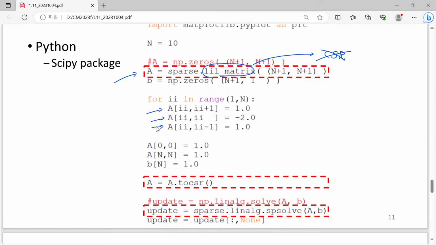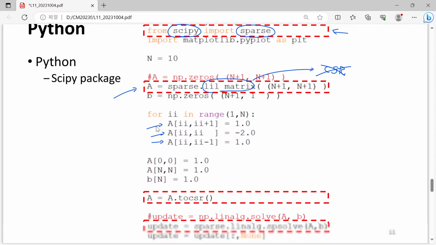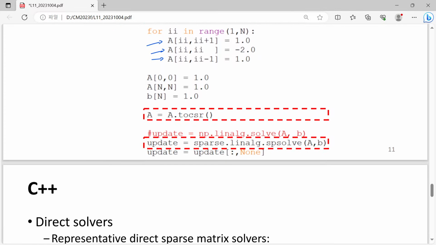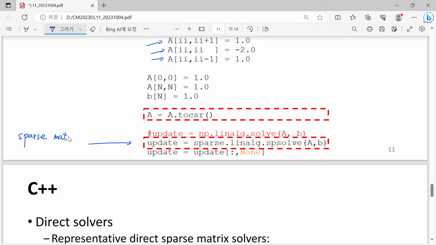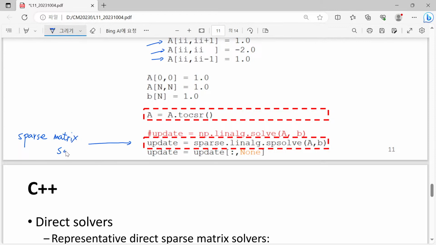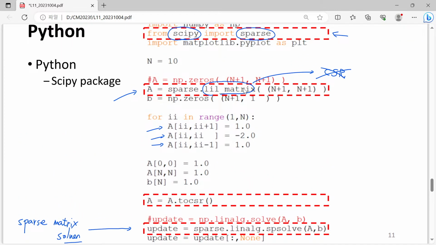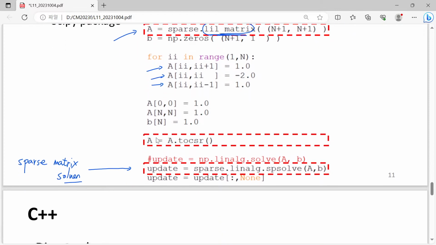After that, now we have to call our sparse matrix solver. However, unfortunately, our sparse matrix solver does not accept this kind of LIL matrix type. So we have to change its format.